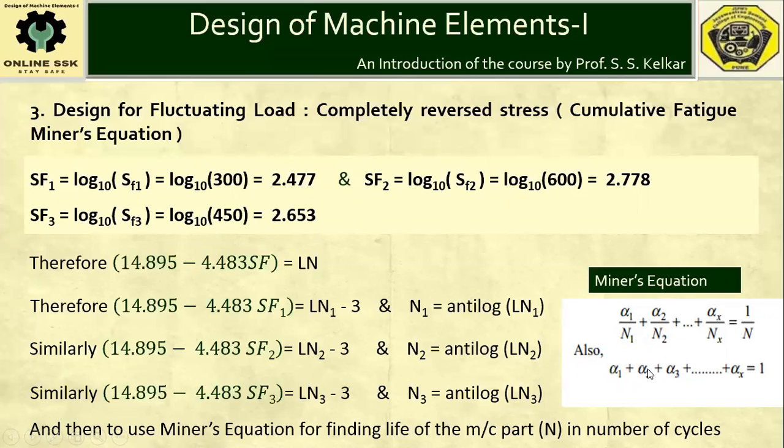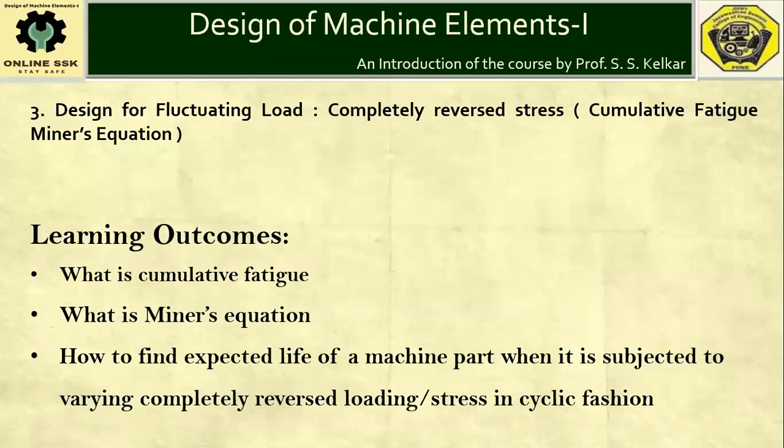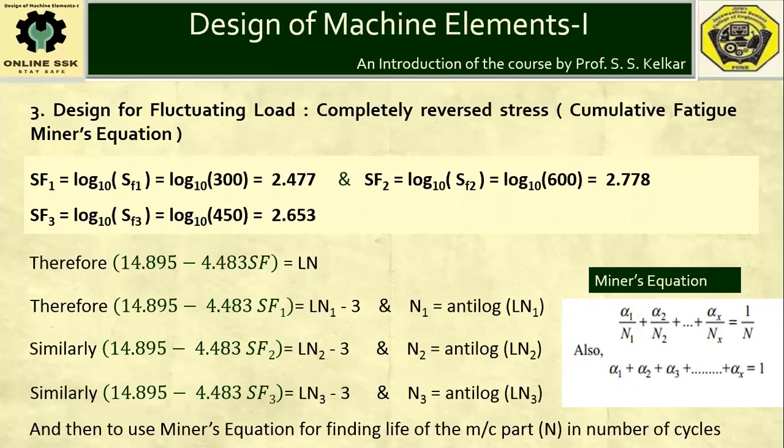So using values of n1, n2, n3, alpha 1, alpha 2, alpha 3, we can calculate n, where n represents the actual life of the machine part when completely reverse stress varying in a cyclic fashion is applied to the machine part. What will be the actual life, that n life in terms of number of cycles, will be calculated. So this is Miner's equation, or use of Miner's equation to calculate the life of the machine part subjected to varying completely reverse stress, which is varying in a cyclic fashion.